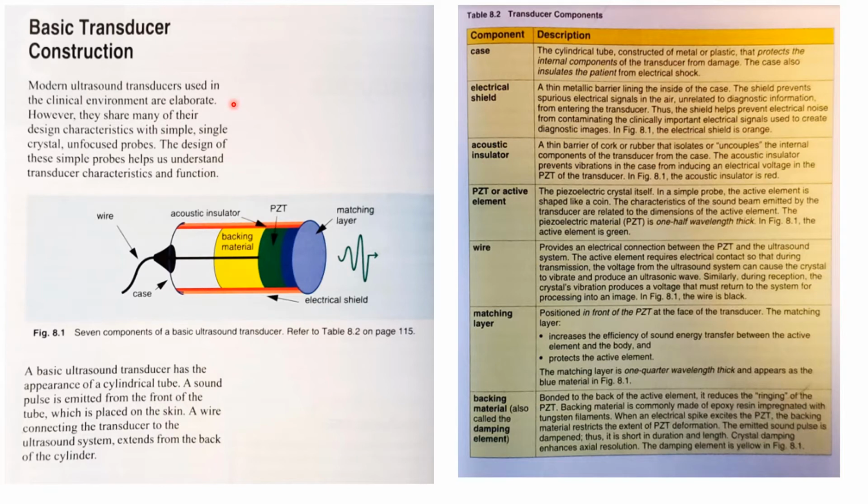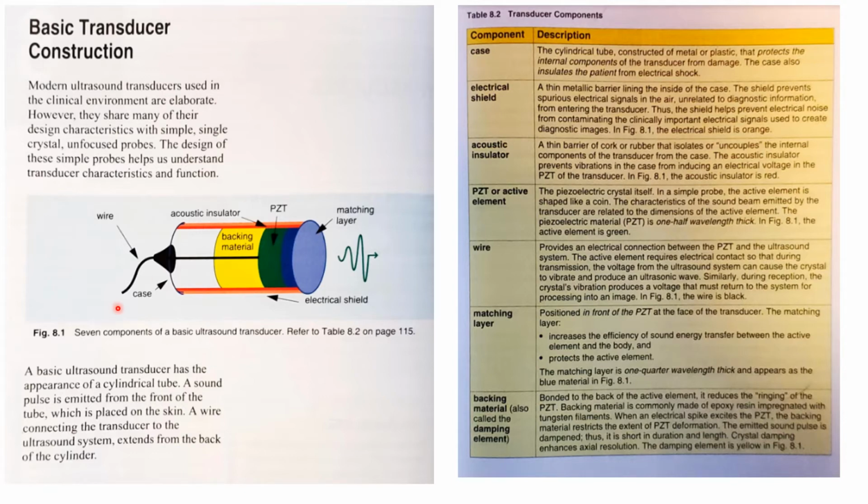Modern transducers are very elaborate and can do a lot of different things, but most of them share design characteristics with a simple, single crystal, unfocused probe. So, without getting into advanced topics, let's look at the design of these simple probes to understand the transducer characteristics and how it functions. There are 7 parts.